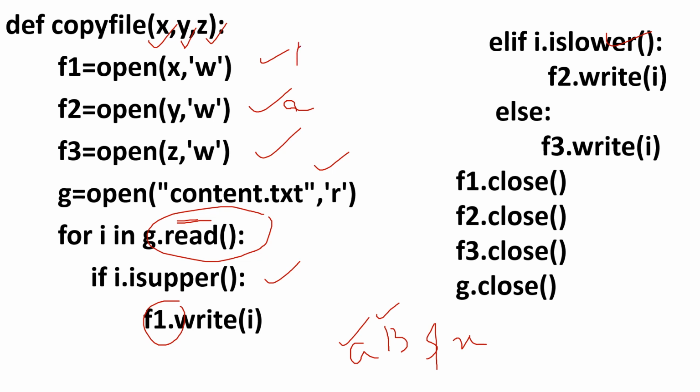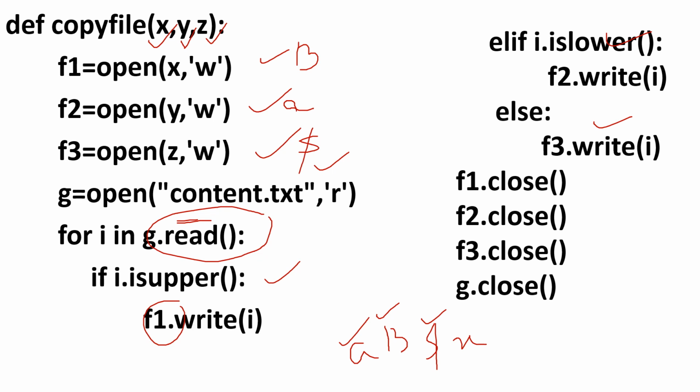Now after this the loop will move and it will pick dollar. For dollar, it is neither uppercase nor lowercase, so the else condition will get satisfied, and it will write it into the file which is opened with the object f3, that means here in this file.